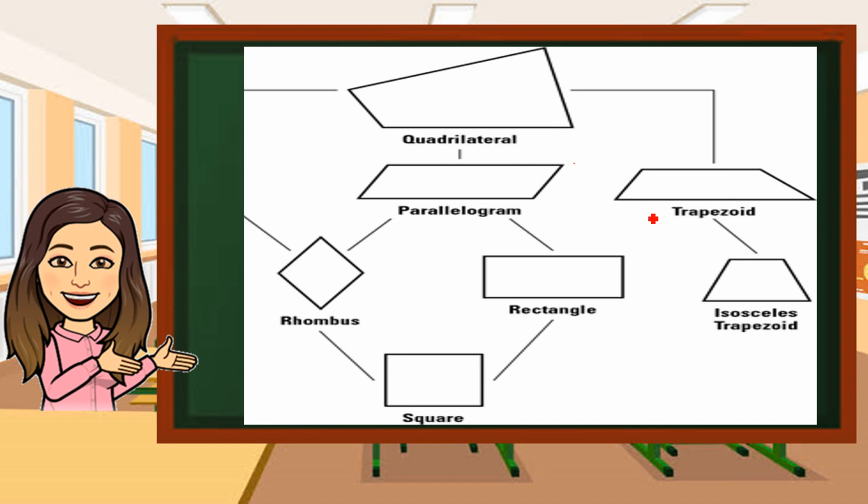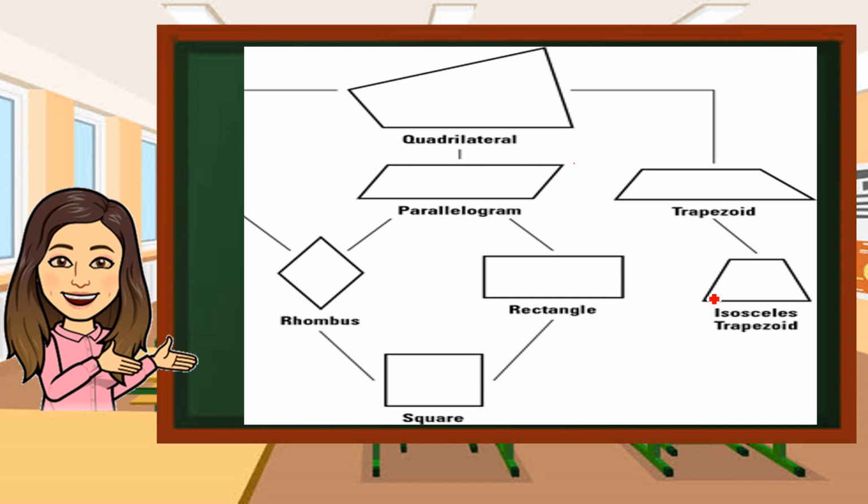So the trapezoid, now, as you can see, has another classification, a type of trapezoid wherein the non-parallel sides are congruent, or with the same size.